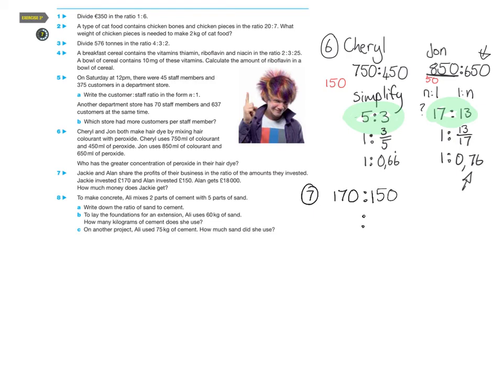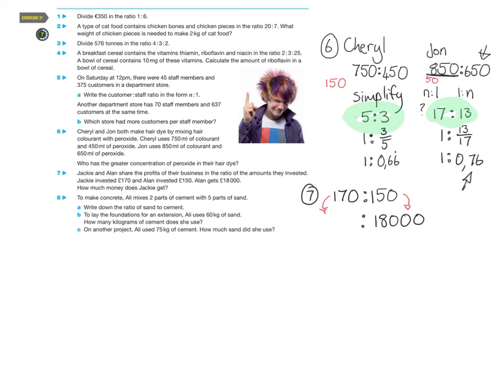Alan is second, so then I will write down his new amount over here, which is £18,000. So he went from 150 pounds to £18,000. We need to know what's happened to 150 to make it 18,000, so that we can do exactly the same thing over there.